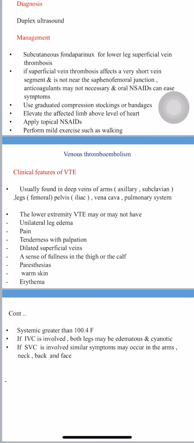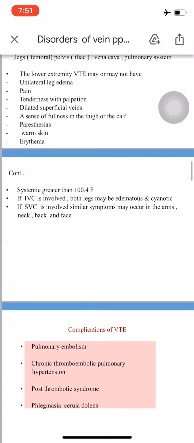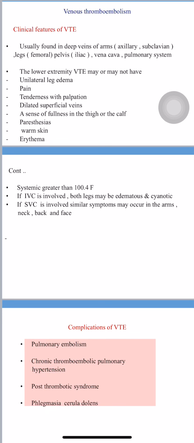So the clinical features of venous thromboembolism mainly include, in lower extremity venous thromboembolism, unilateral leg edema, which may or may not be present, pain, tenderness with palpation, dilated superficial veins, a sense of fullness in the thigh or calf, paresthesia, warm skin, erythema, and systemic temperature which is greater than 100.4 Fahrenheit.